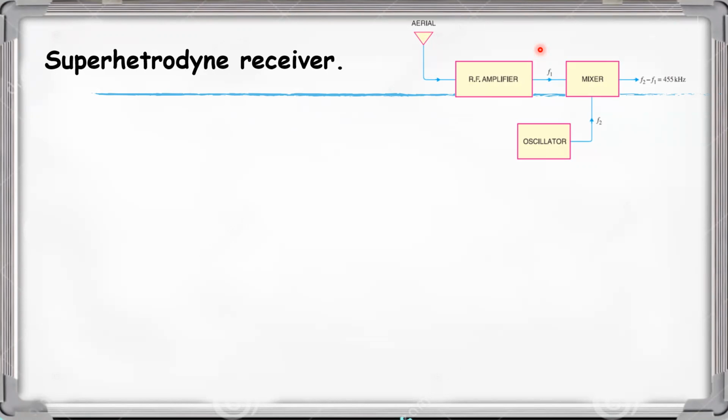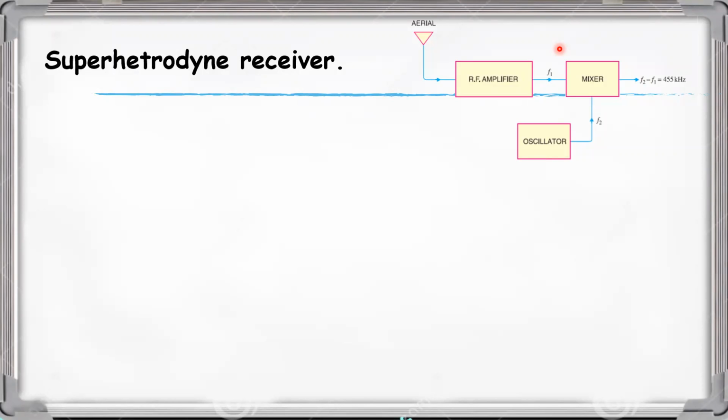So when a 610 kilohertz radio station is tuned, for a station of 610 kilohertz, the local oscillator frequency must be 1065.